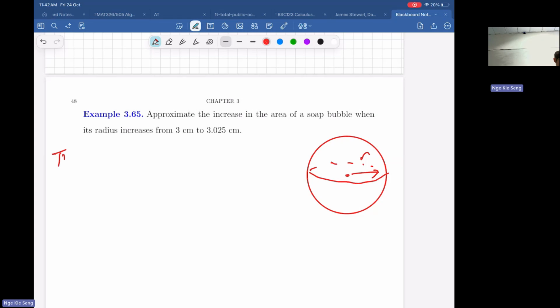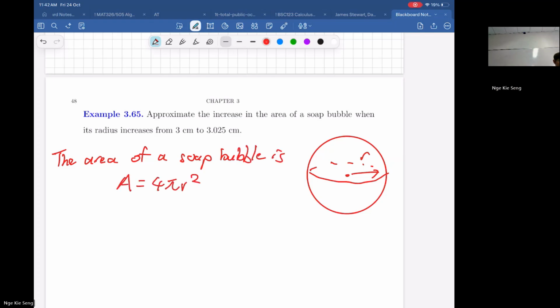So we want to talk about the area of a soap bubble, A equals 4 pi r squared. Now we just want to approximate. We don't want to compute the actual thing.